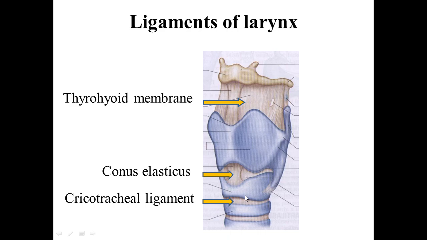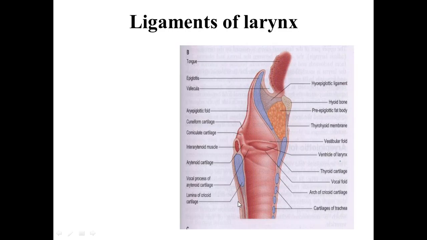Then the cricotracheal ligament extends from the lower border of the cricoid cartilage to the first tracheal ring.